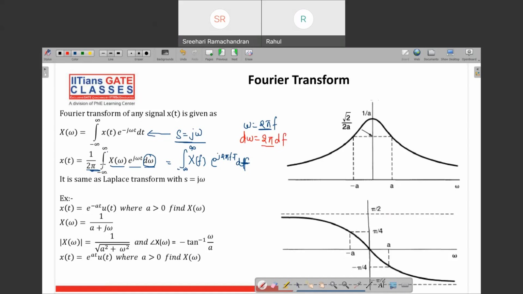This 2 pi and this 2 pi get cancelled and you get just this thing. So in some books you will see this kind of formula, in some books you will see that kind of formula. I will be going with this formula most of the time.